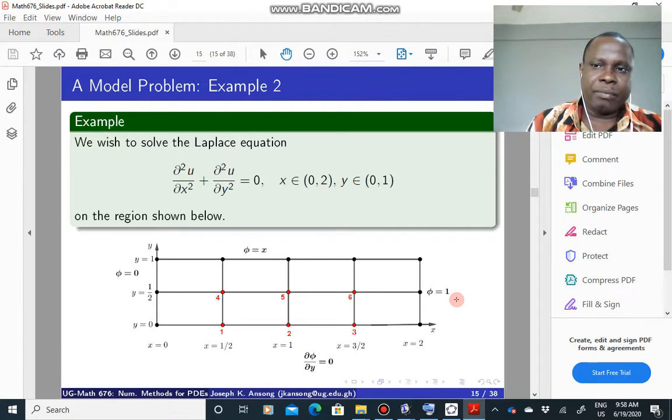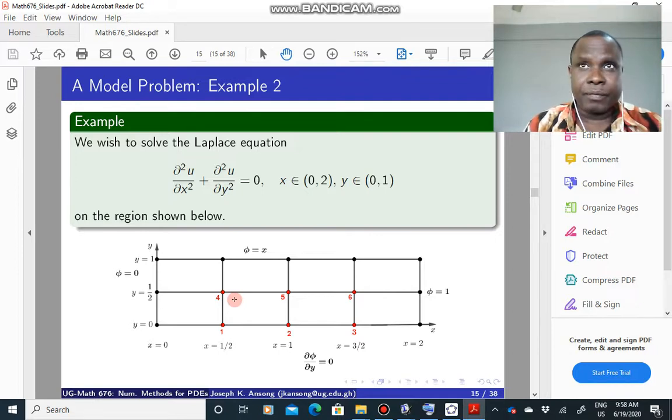So you basically apply the same scheme that we used for the interior nodes in the previous example to 4, 5, and 6. That gives you a system of 3 equations. And then you would have to modify this one, because note that if you want to do the same thing at point 1, you have the western, the eastern, and the northern, but you don't have a southern point.